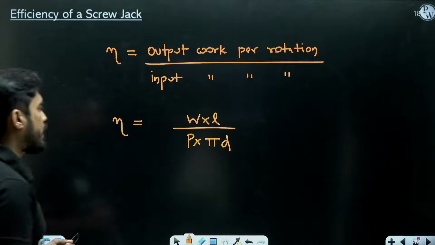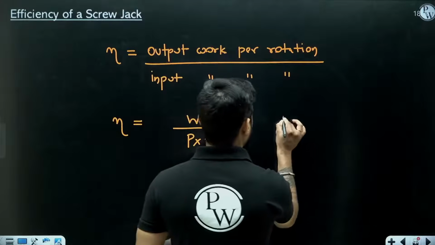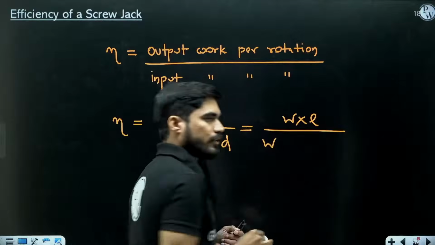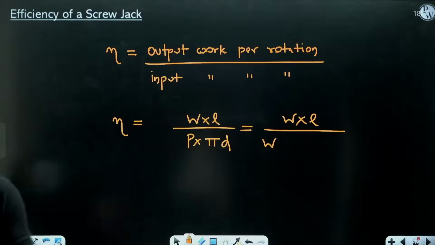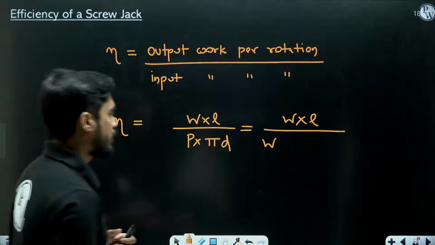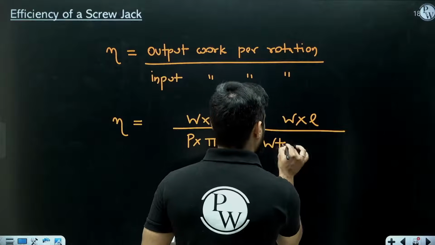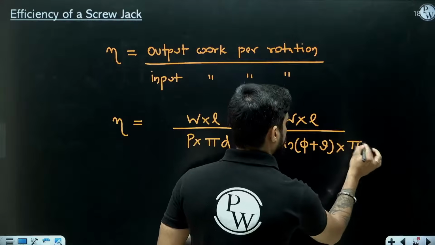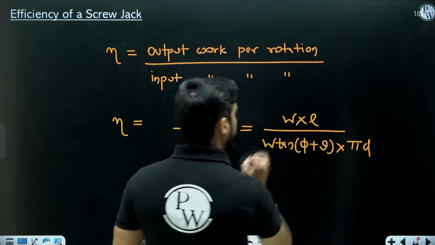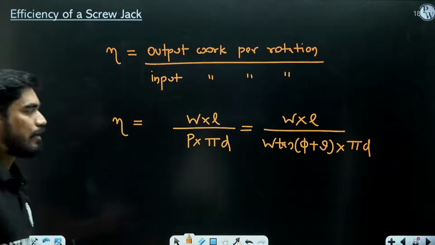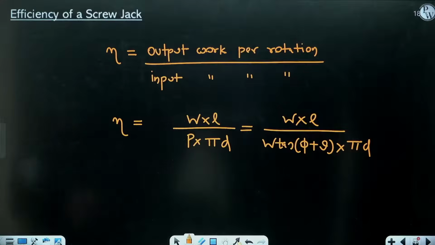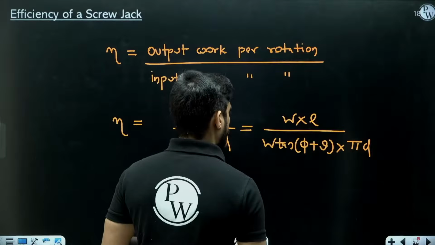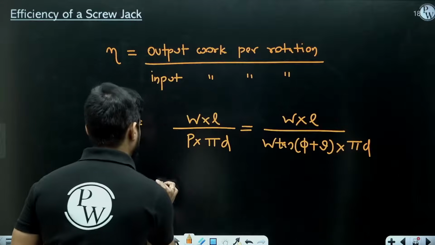Now what is the value of P? If we consider that we are finding the efficiency of lifting the weight, then P will be W tan phi plus theta. Okay. Now W and W will be cancelled. What is L by pi d? L by pi d is tan theta, na?